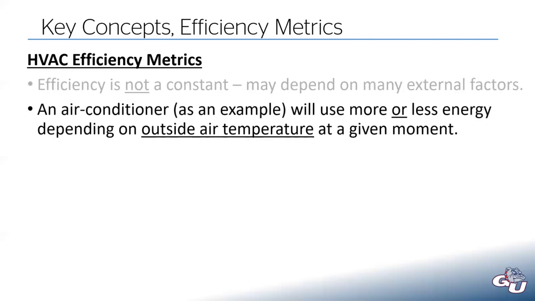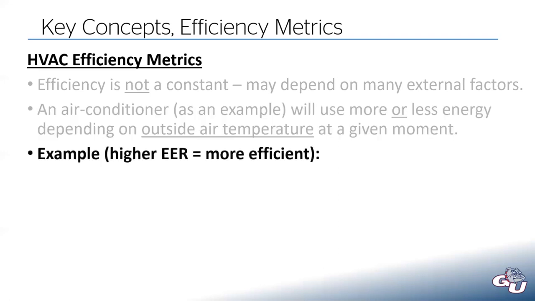The most apparent example that we see is a standard air conditioner that's going to cool down your room or your building is going to use more or less energy depending on the outside air temperature. As an example, and we'll talk more about EER here in a minute, just know now that a higher EER value means we're more efficient.